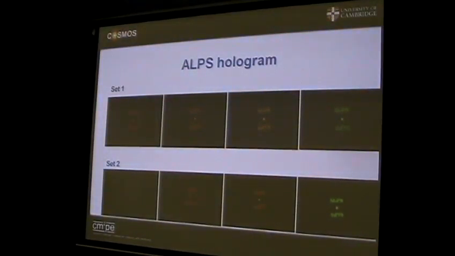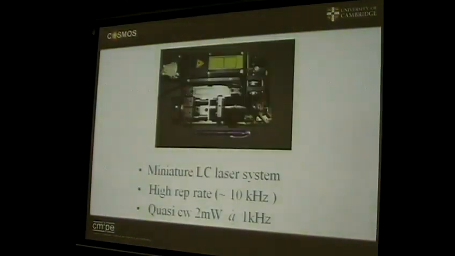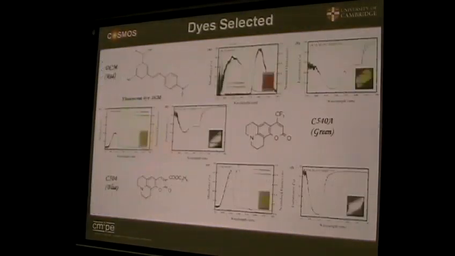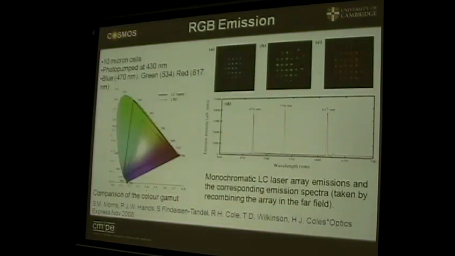Now I'm interested in that for miniature spectroscopy, because one of the things that I didn't say back here is that when I have these arrays, I can use them as input sources to do combinatorial chemistry, to look at combinatorial samples, to do Raman spectroscopy, a completely new way of doing Raman.